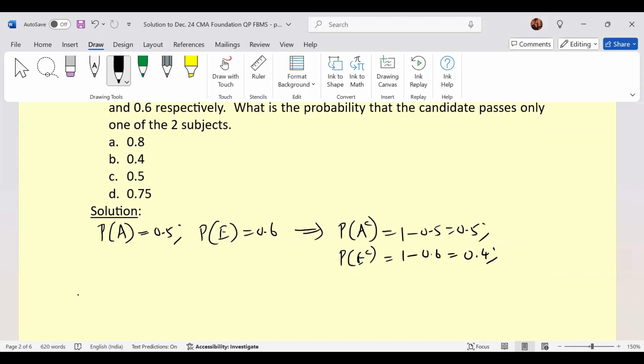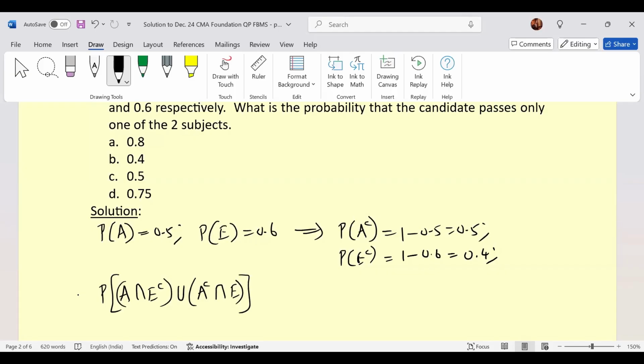Means either passing in one and failing in the other, or, means union, failing in accounts and passing in economics.